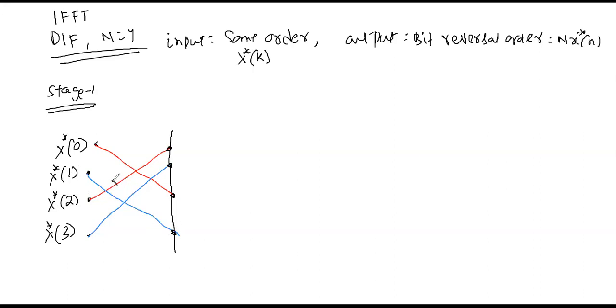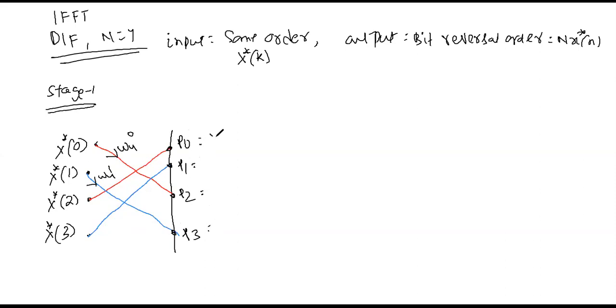This is omega 4^0, and sorry, this is DIF. DIF means like this: omega 4^0, and this is omega 4^1. The outputs are P0, P1, P2, P3. Now what are the equations? It's very simple.